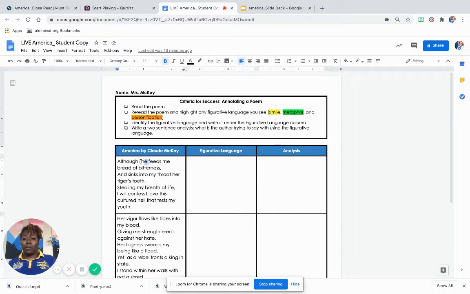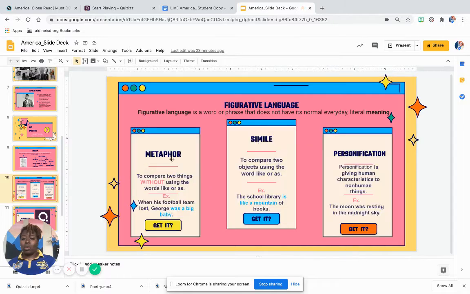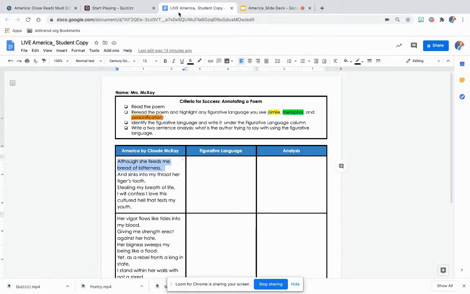Personification is giving human characteristics to a non-human thing. America is not human. America is a place. But Claude McKay in this sentence made America a female or said it was similar to a female.